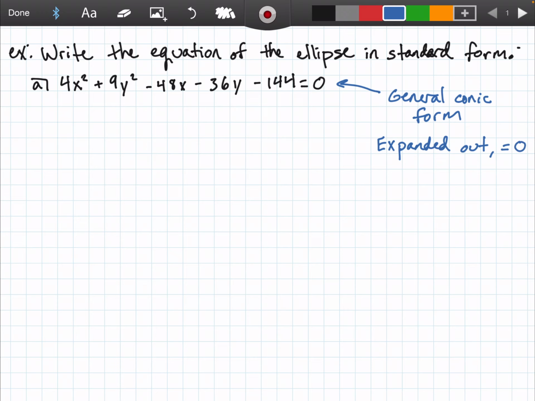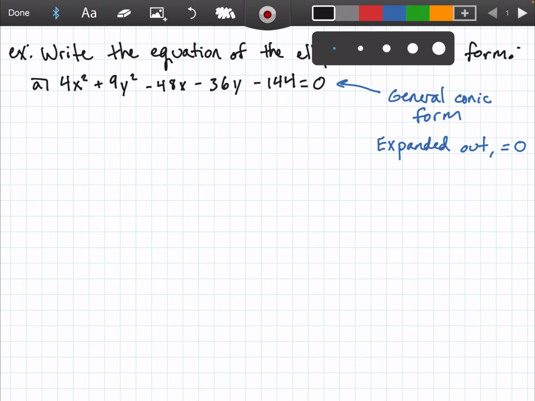Yeah, everything's on one side. And what we're going to do is we are going to complete the square, but I have to do it with both the x's and the y's. So the first thing I'm going to do is I'm going to add this 144 to both sides.